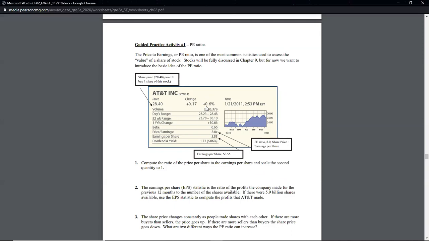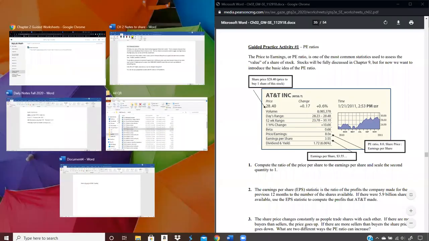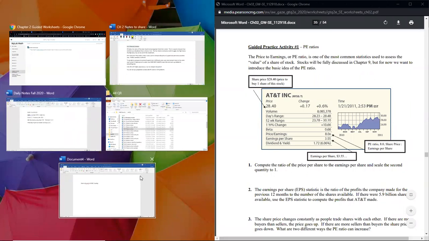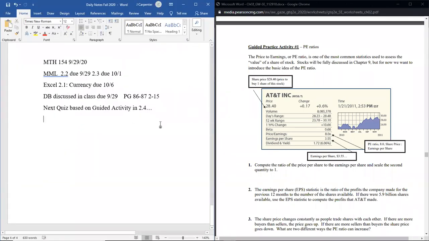So, the PE ratio is one of the most common statistics used to assess the value of a share of stock. Again, it's not the end all be all, it's a way. We will discuss this stuff more in chapter 9, but for now, we're just going to kind of go with this PE ratio idea. And let's just pull up this. That looks pretty good. Okay.